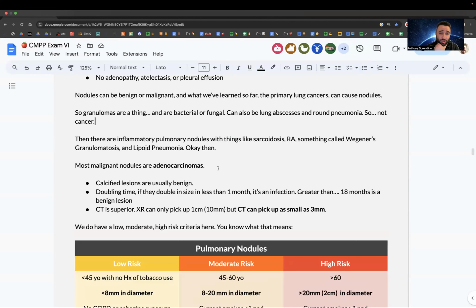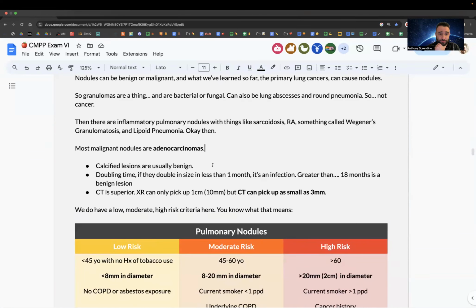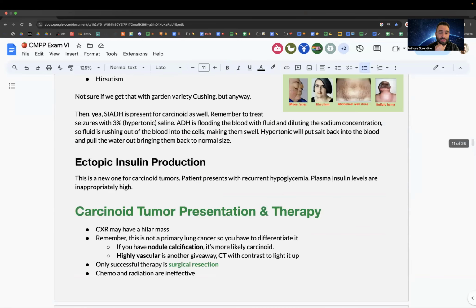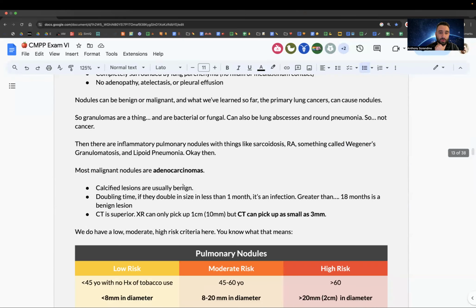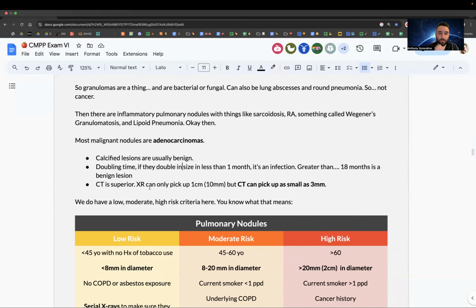The most malignant are going to be adenocarcinomas. Most malignant nodules are adenocarcinomas, period. Calcified lesions are usually benign. So that's actually not a bad thing when it's calcified, which kind of makes sense if a carcinoid tumor has nodule calcification and it has a better prognosis. You want to look at the doubling time.